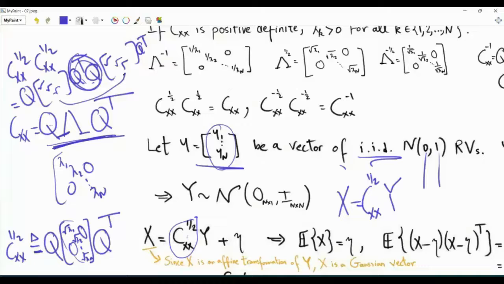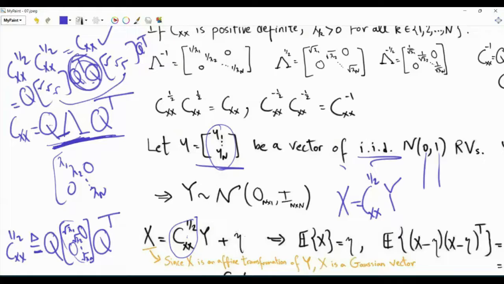Multiplying the two diagonal matrices gives big lambda, so this is equal to Cxx. That's why this is called the square root of the matrix: if we multiply it by itself, we get Cxx.